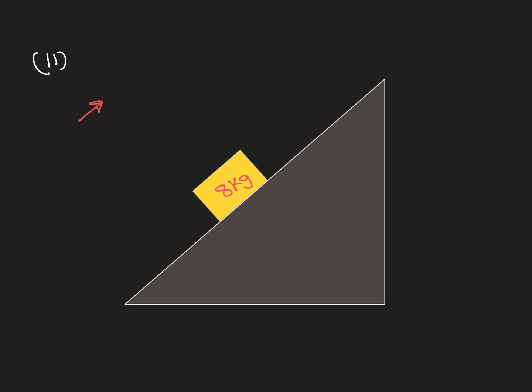That is, it will act down the plane together with mg sine theta. The mg sine theta is always acting downwards, whatever the case. For this case, because the body is moving up, friction has to act in the opposite direction, that is down the plane.